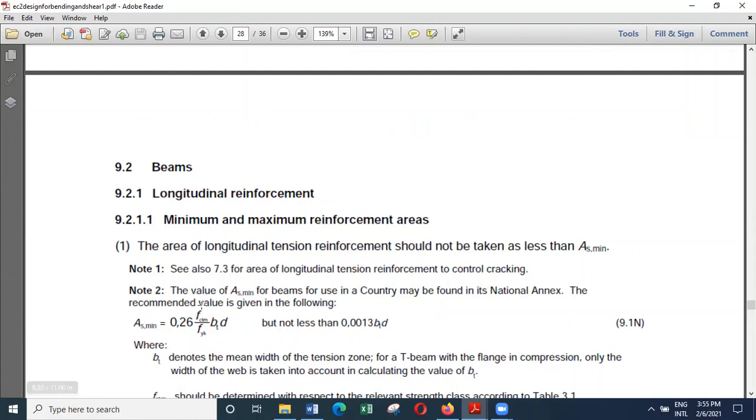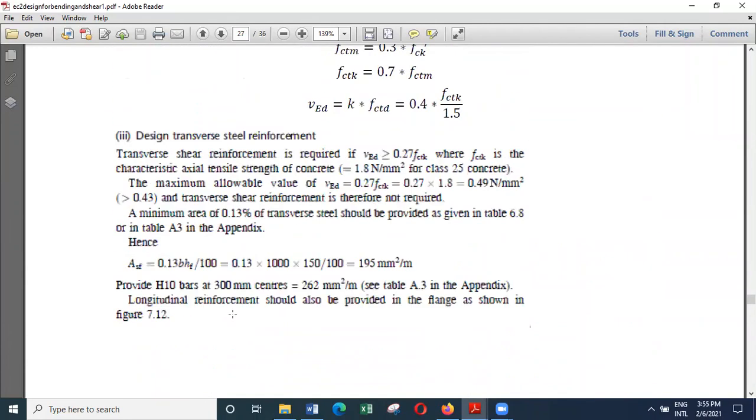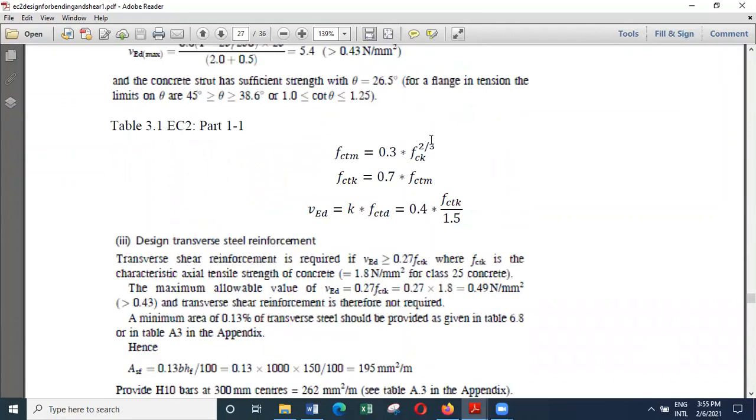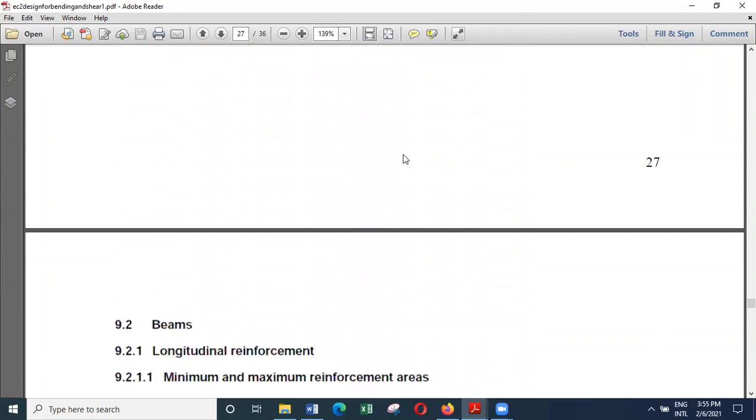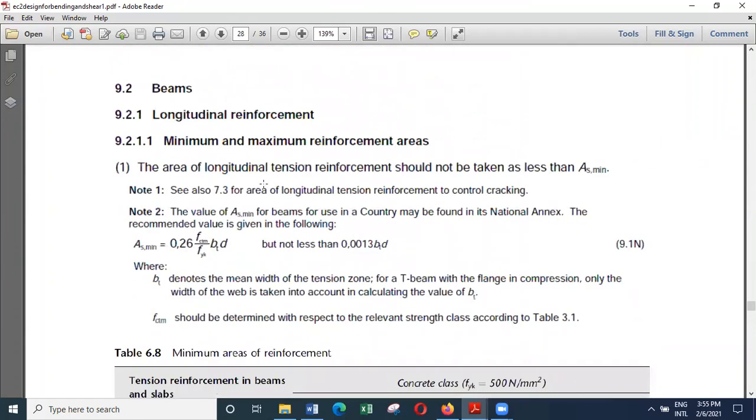And that again, you can see is a function of fctm, and fctm is given by this equation. That is the tensile capacity of concrete, the mean value. So fctm can be calculated by using that particular equation, and the strength of reinforcement.